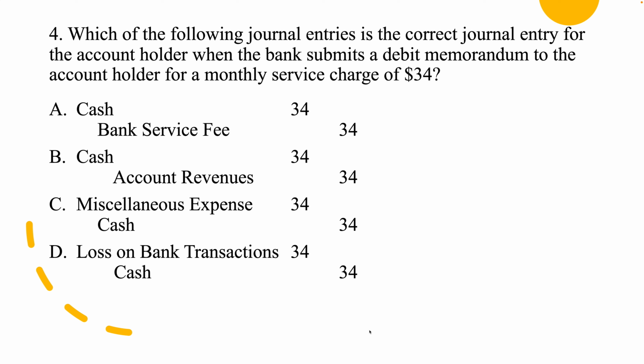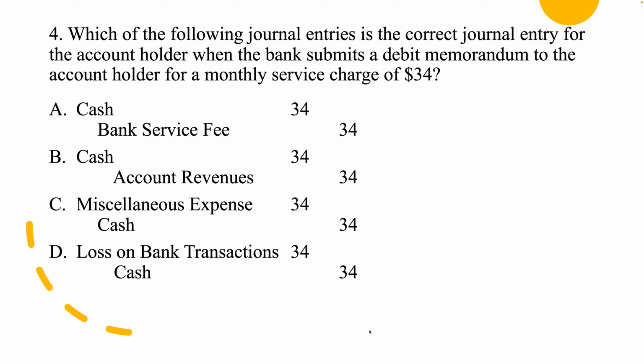So the account holder would debit some expense and should credit cash for $34. So it should be C or D. And this is not a loss on the bank transactions.